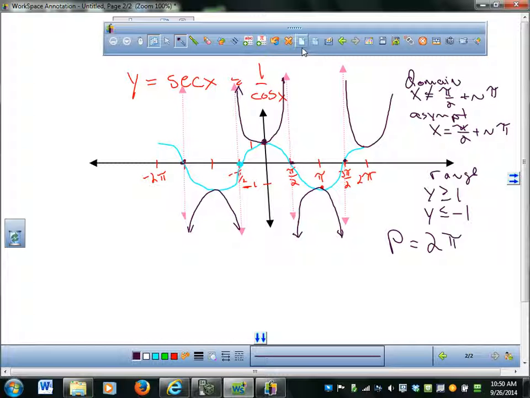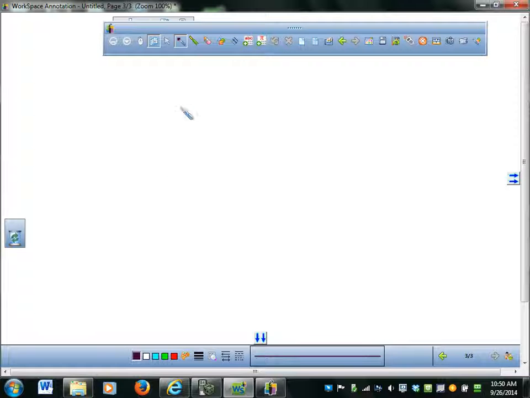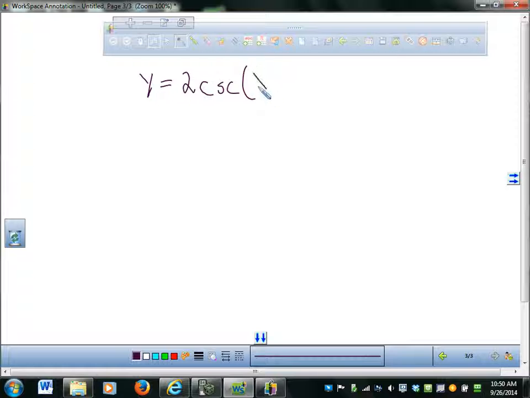So then we're going to do one where it's not just plain old sine. Can I erase this? Can I move on? Okay. So if they say graph by hand, which we will, me and Mr. Beamer will say this to you: graph 2 periods of y equals 2 cosecant of x plus pi over 4 by hand.